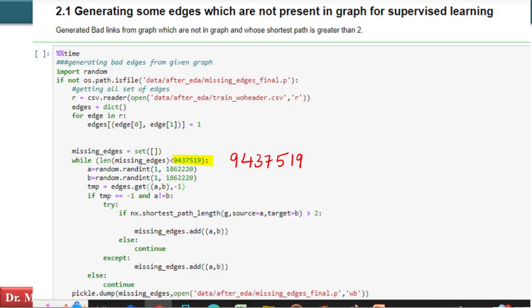Then I am going to randomly sample 2 vertices. Let me say my vertices are UA and UB.